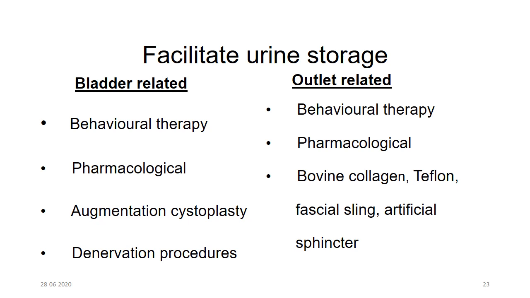Here bladder neck will be elevated, and urethral bulking agents can also be used like Teflon, bovine collagen, hydroxyapatite, autologous stem cells, etc. And artificial sphincter with inflatable cuff around the urethra is another option. This we have already discussed in the last class.